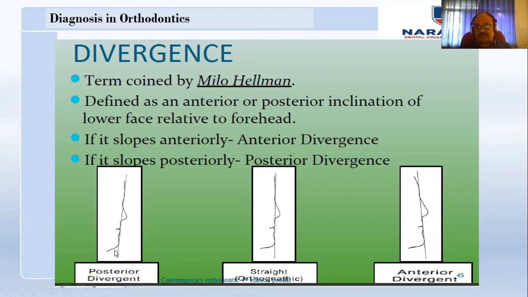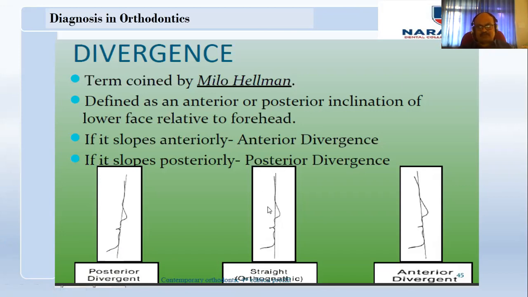Posterior divergent is seen when the mandible is backwards. Where can you see a posteriorly positioned mandible? It is in class 2 conditions. In a class 2 condition, you will usually see a posterior divergent and a convex profile, but both may be slightly different, which we are going to learn. But in general, a posterior divergent face is associated with a convex profile and a class 2 mandible, that means a retrognathic mandible.